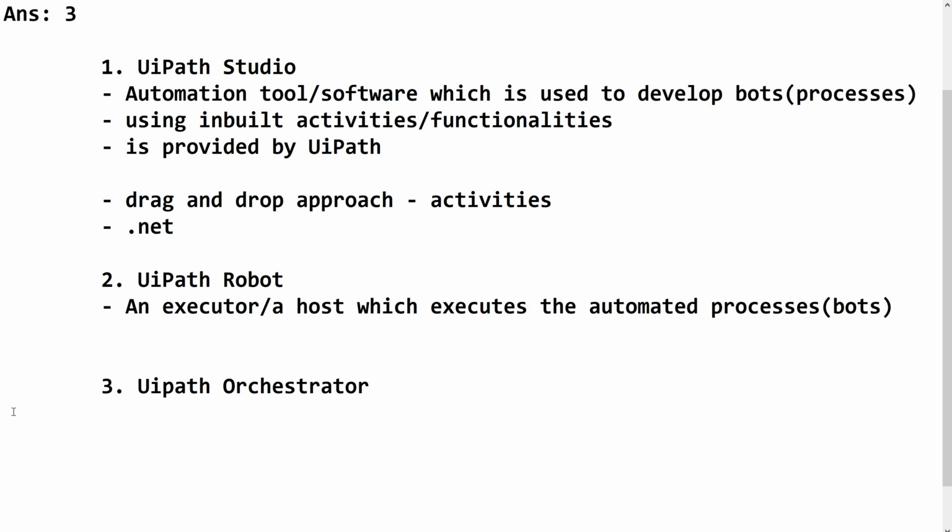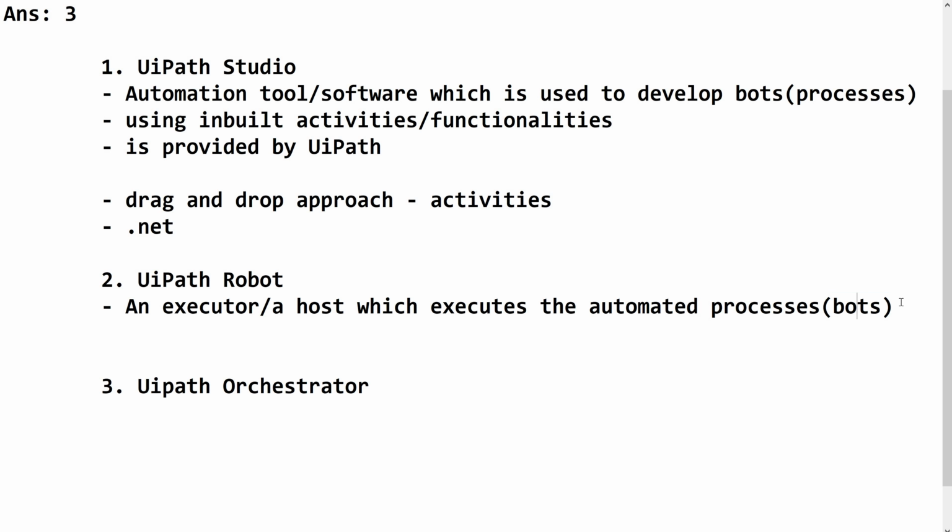Orchestrator. What is the meaning of this term? Orchestrator is doing some action. So it is orchestrating, it is managing, right? In the same way, UiPath Orchestrator is an application which will be used to deploy the bots, to monitor the bots, to run the bots.